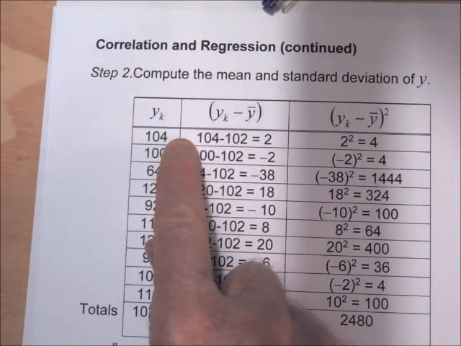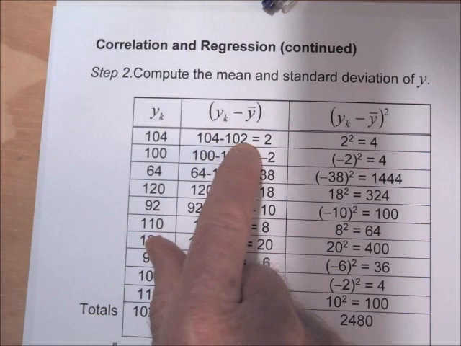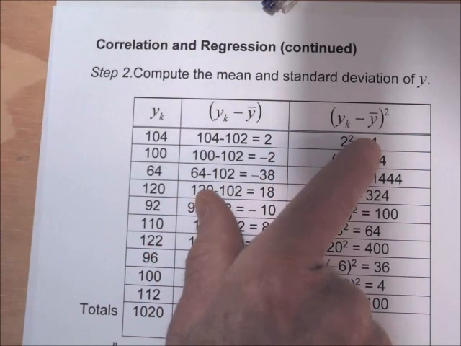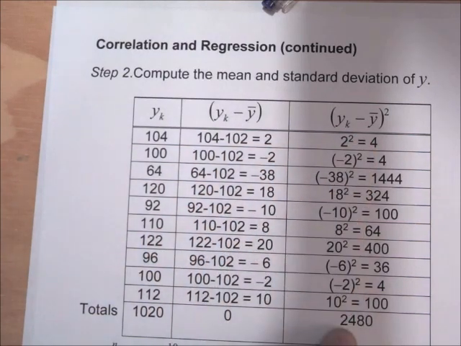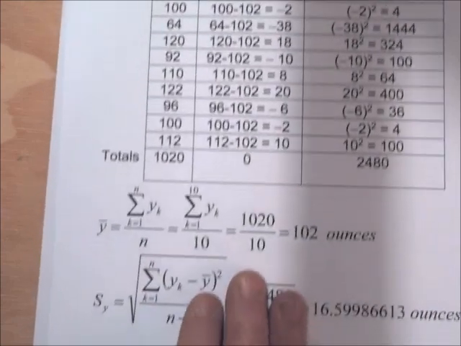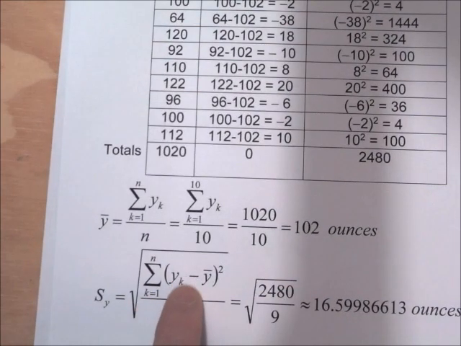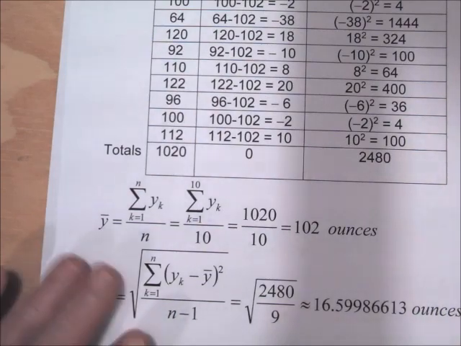So for Quincy, 104 minus 102 is 2, 2 squared is 4. Do that for each baby. Add those up and take the square root of the sum of that last column divided by n minus 1. So the square root of 2480 divided by 9, about 16.6.